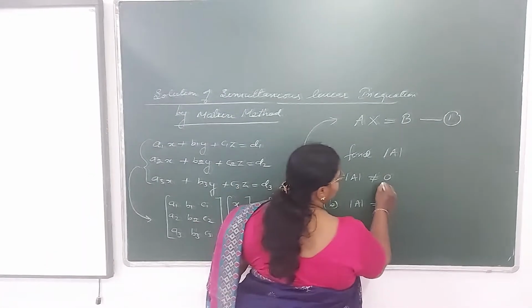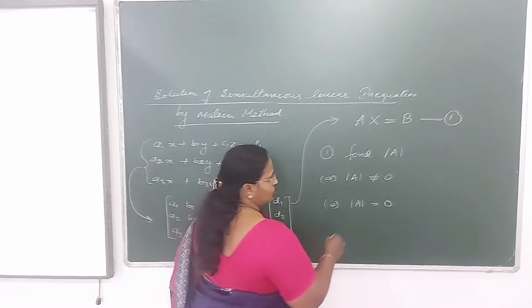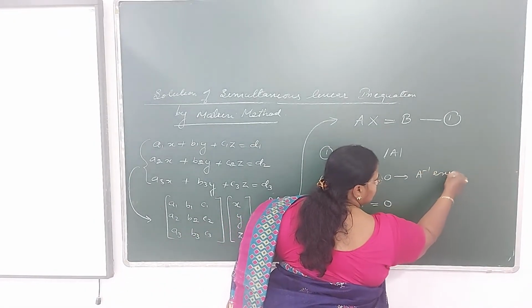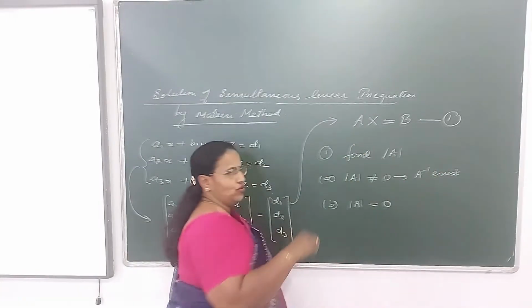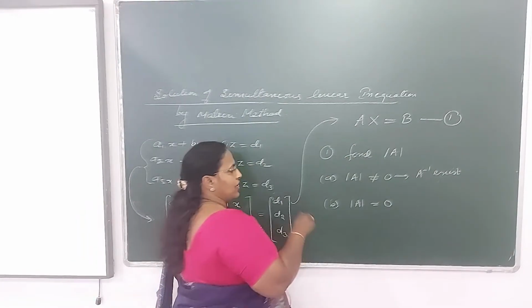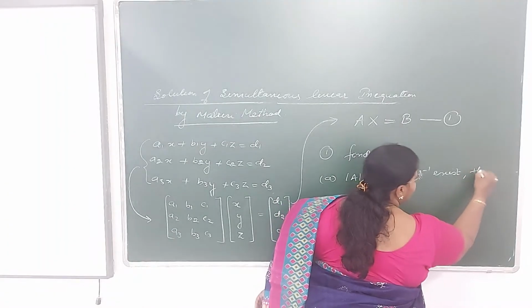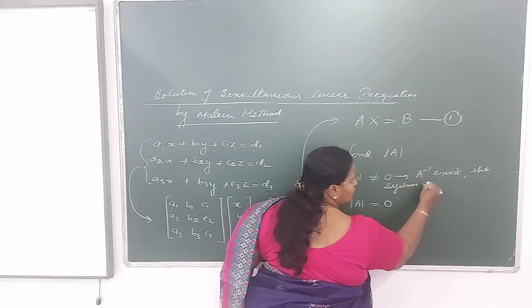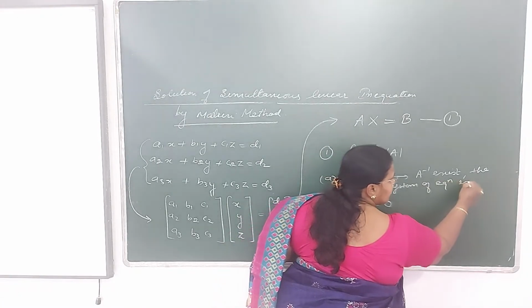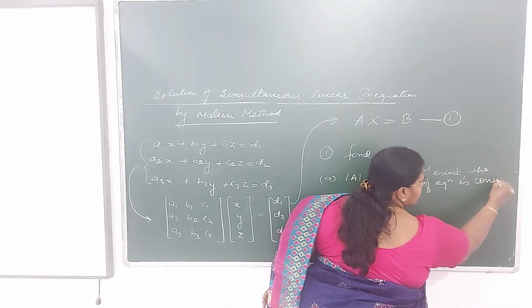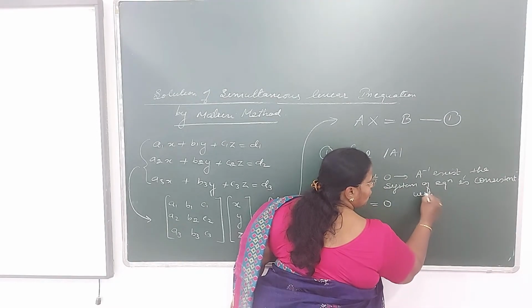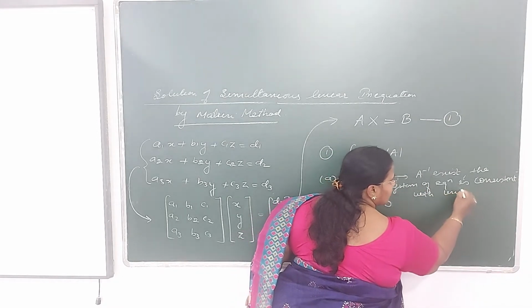Now if suppose determinant of A is not equal to 0, then it implies that A inverse exists. This is a very important condition, as you know. Moreover, the system of equations is consistent with a unique solution.